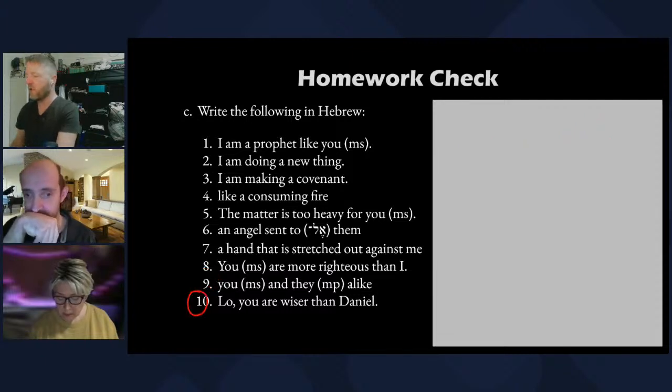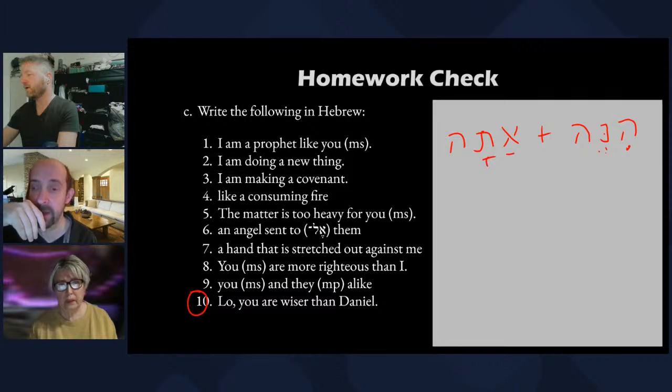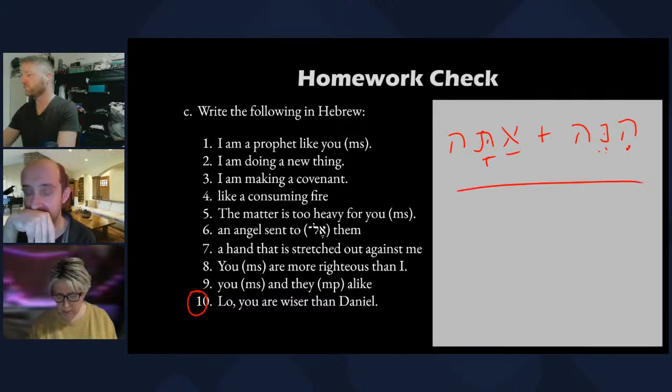Number 10. Behold, you are wiser than Daniel. Hen ata chacham. Hine. Let's say Hine. Hine ata chacham miDaniel. How do we say hine plus ata? We can add them together. Hine.